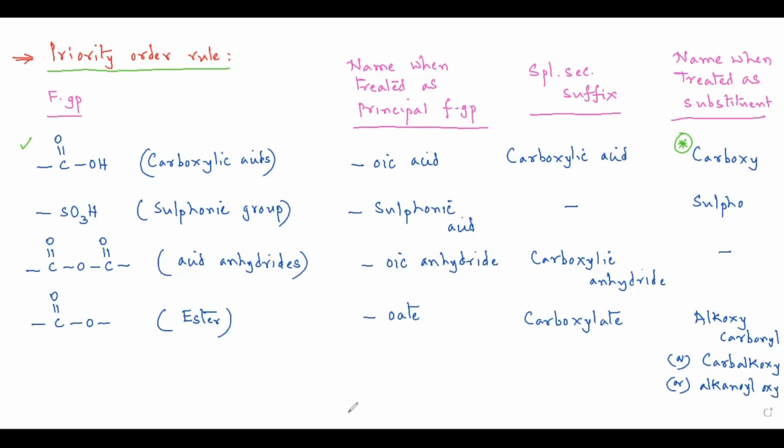I'll give you different examples. Alkoxycarbonyl, mostly used, or carbalkoxy, or alkanoyloxy. This is when you have esters. See the priority order. First carboxylic, then sulfonic, then anhydrides, then esters.